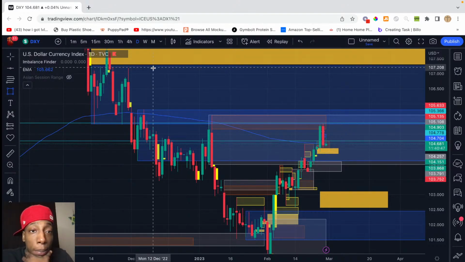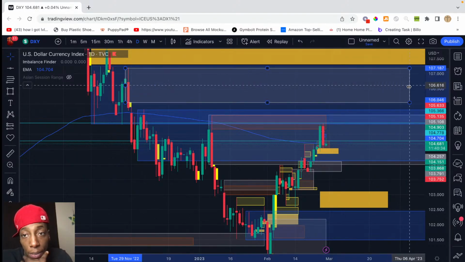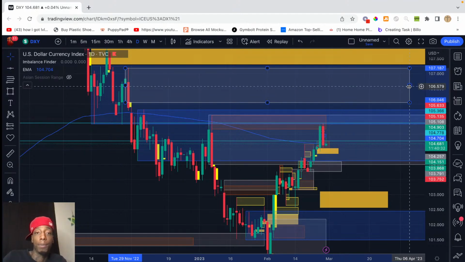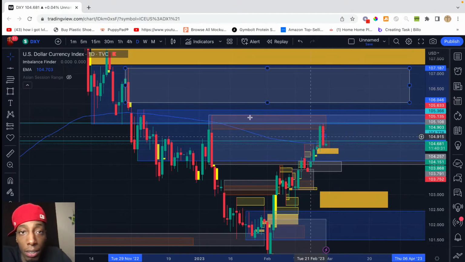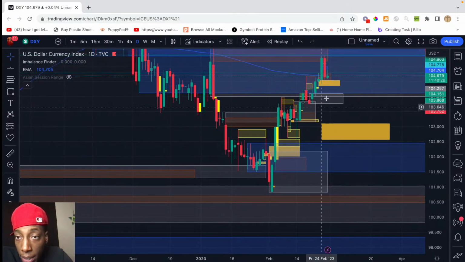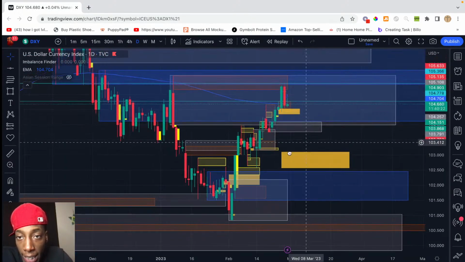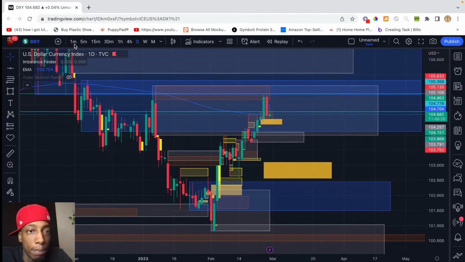This is the next daily supply right here. So if it does break to the upside, this is a possible target that it can tap. Alright, so we got a supply, and then we got a demand right under it. So on a daily, it can go two ways, y'all.